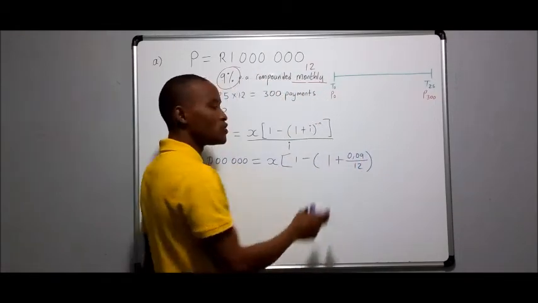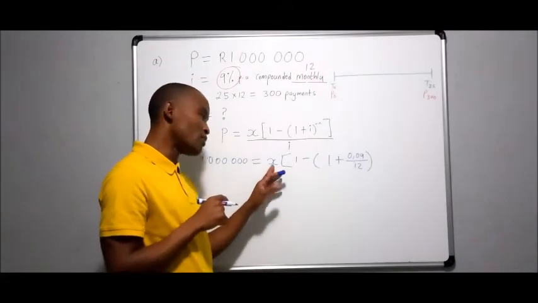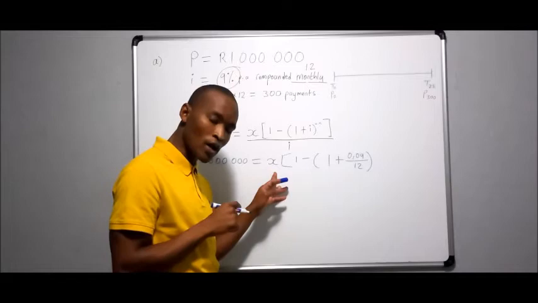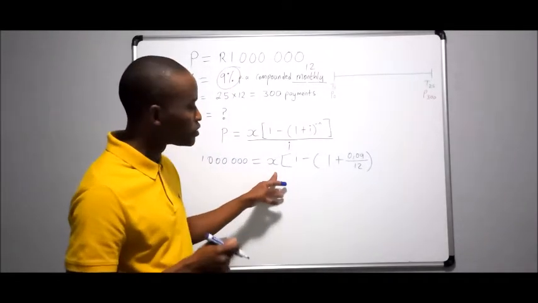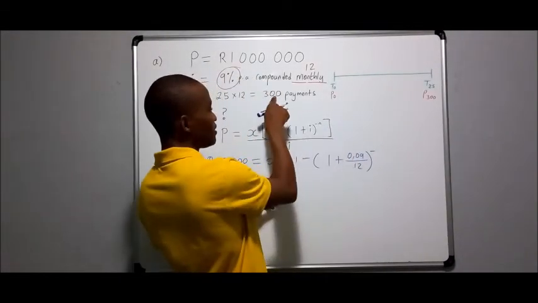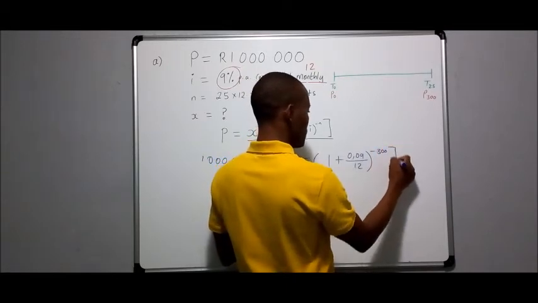That gives us the interest that will accumulate on the loan on a monthly basis, because our monthly payments will come along with the interest that is due towards this loan. To the power negative n, but our n is 300, so it is negative 300 there.